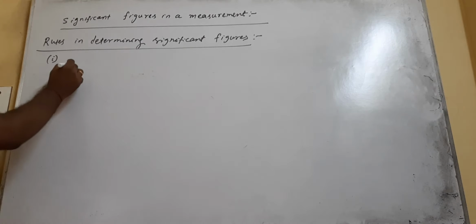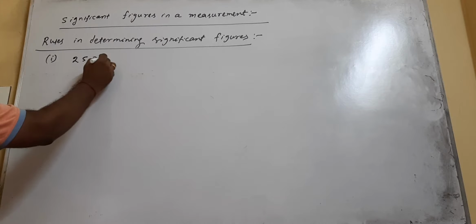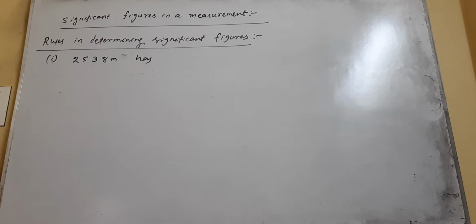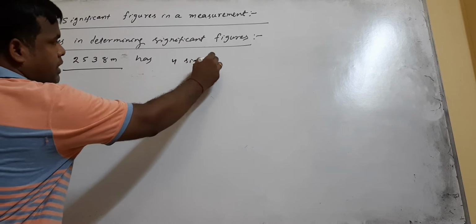For example, 2538 meter has how many significant figures? You see, all are non-zero digits and all non-zero digits are significant. Here, this measurement has 4 significant figures.